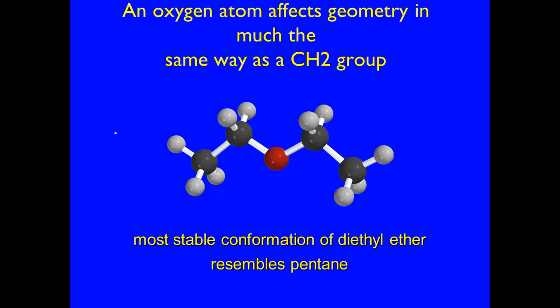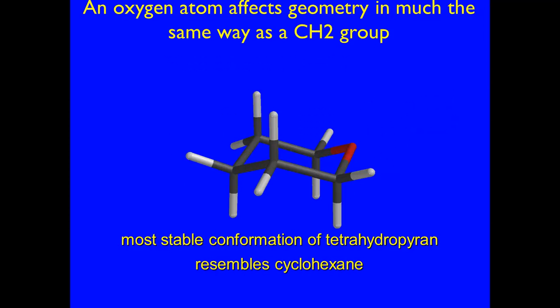And when you write the ethers in a chemical formula, you would write it as you would write an alkane. Zigzag formula is what you would use. Just that you would swap one of the carbons for the oxygen, and that does not change much of the geometry of the alkane. Whatever you learned in Chem 251 is still valid. If this were to be part of a ring, that's the cyclic ether.